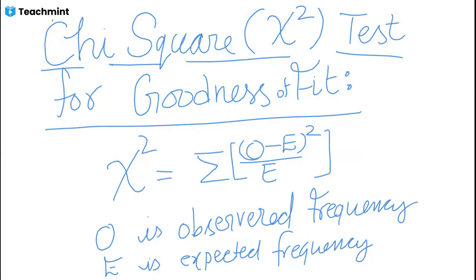And how can we find them? E is equal to N into P. We'll know better by using an example, and we'll also find the degree of freedom by using this formula.